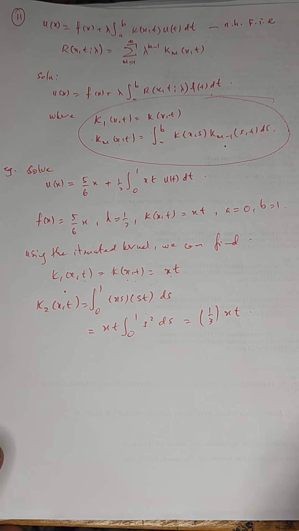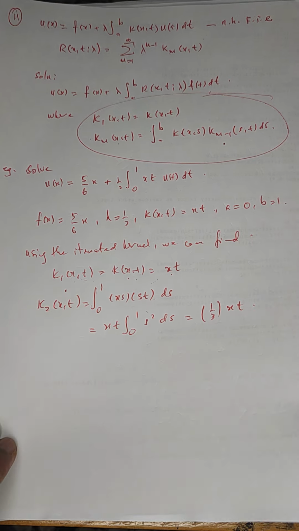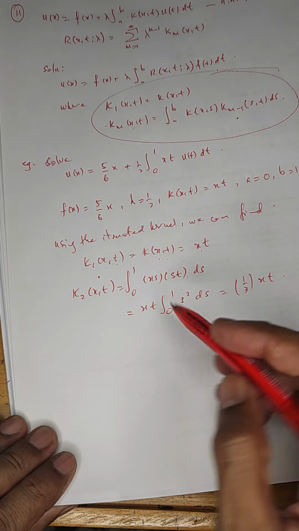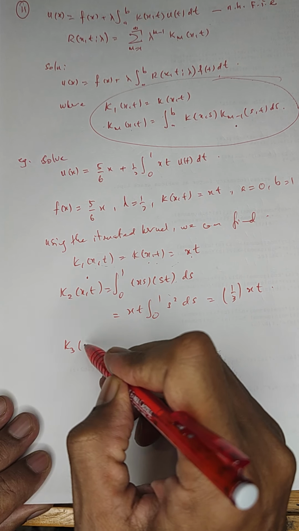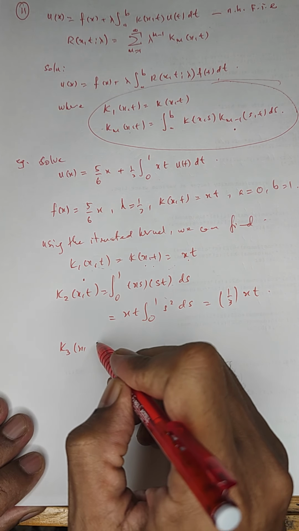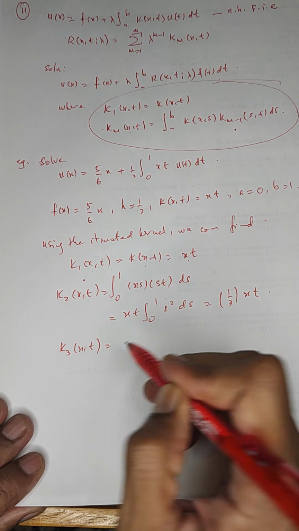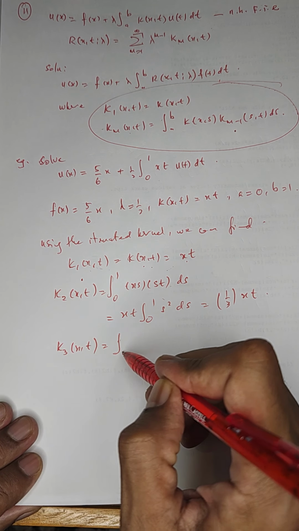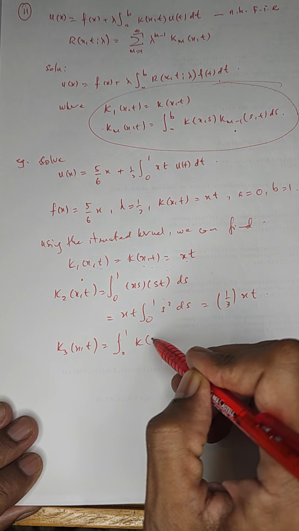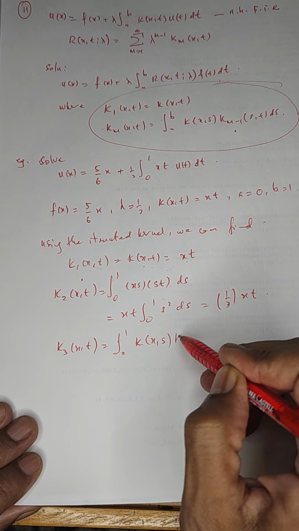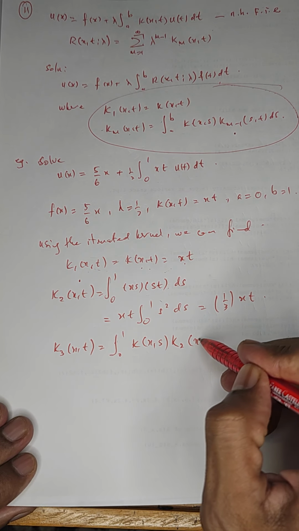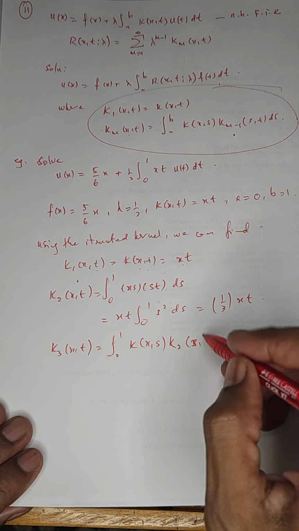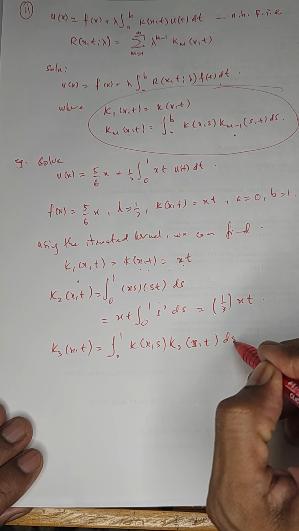And then we can find K_3. This is the integral from 0 to 1 of K(x,s) K_2(s,t) ds. K(x,s) is xs, and K_2 is given as 1/3 st, ds.